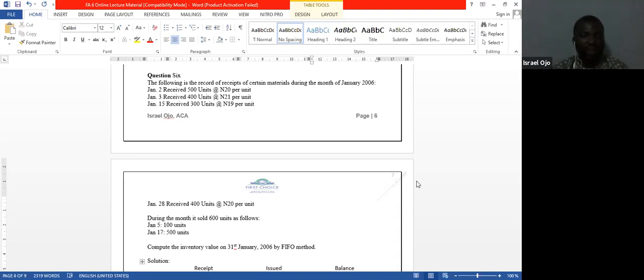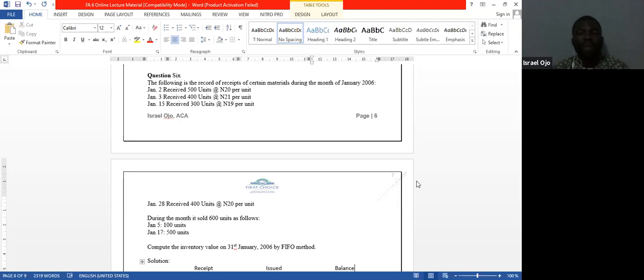On January 28, we received 400 units at 20 per unit. During the month, it sold 600 units as follows: January 5th, they sold 100 units, and January 17th, they sold 500 units. Compute the inventory value on 31st January 2006 by the FIFO method.